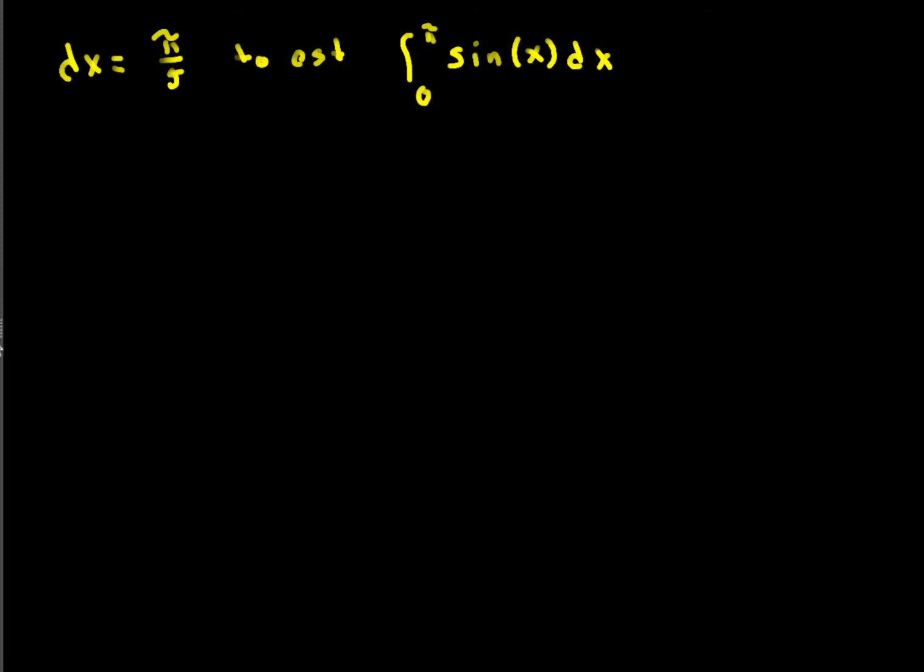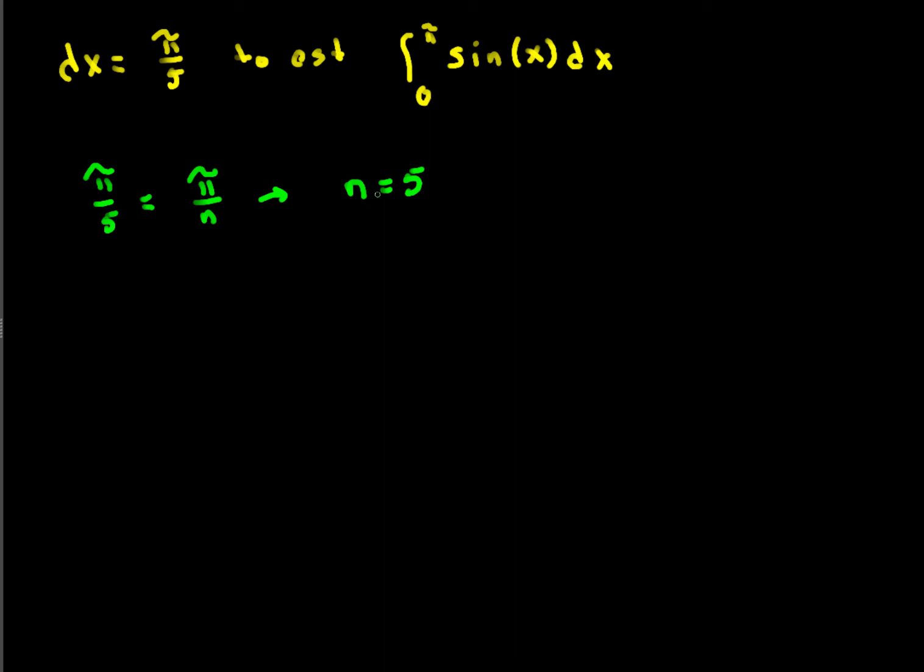So working that out, since pi over 5 has to be the length of the interval, which is from pi to 0, that's just the length of pi, divided by n, which tells us that n is equal to 5.